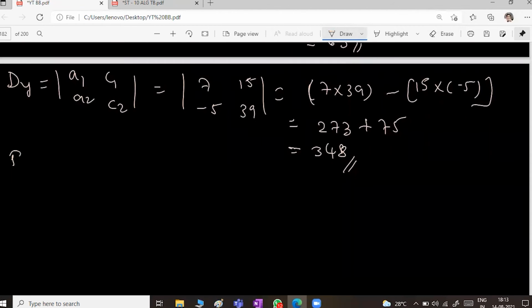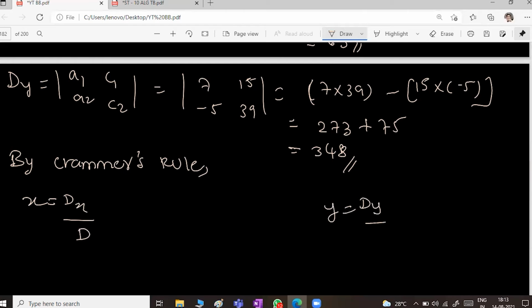Now by Cramer's rule, x is equal to dx upon d and y is equal to dy upon d. So here it's going to be 63 upon 99.